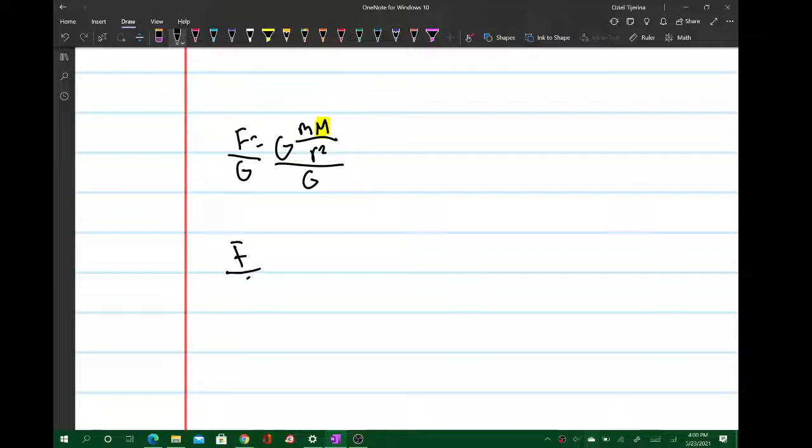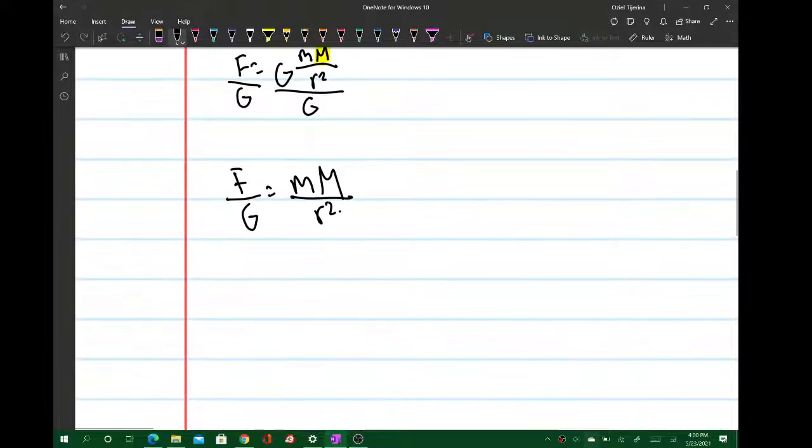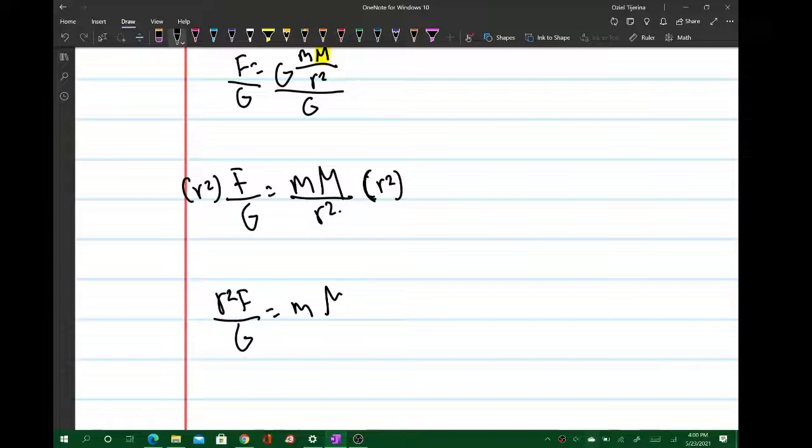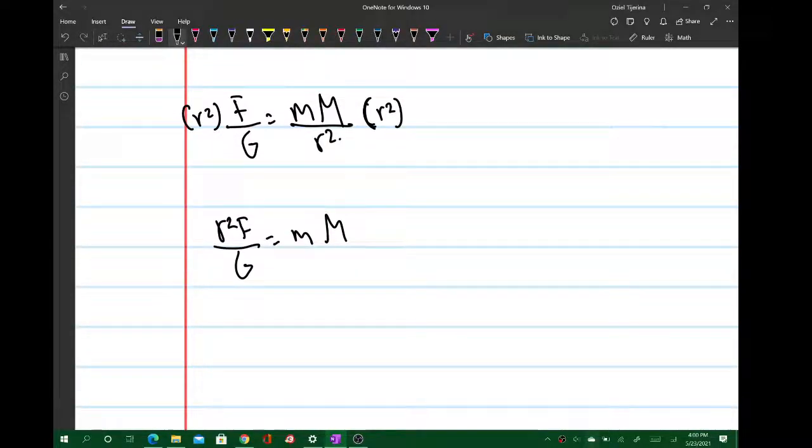So we have F over G equals little m over r squared, right? And then we would do times r squared on both sides. So we have r squared F over G equals little m times big M, right? And then we would just divide by little m on both sides.